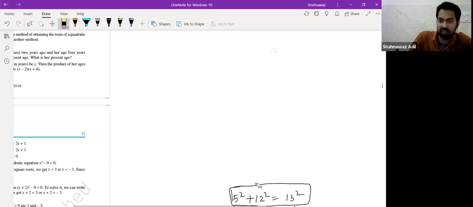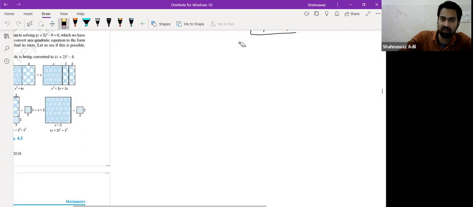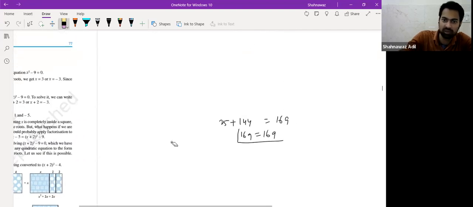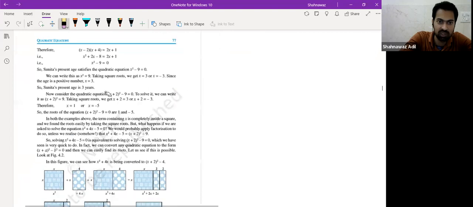If that part is clear, then we have to use any method. First method we know is the middle term splitting, right? Yes, sir. So let us do this last question.